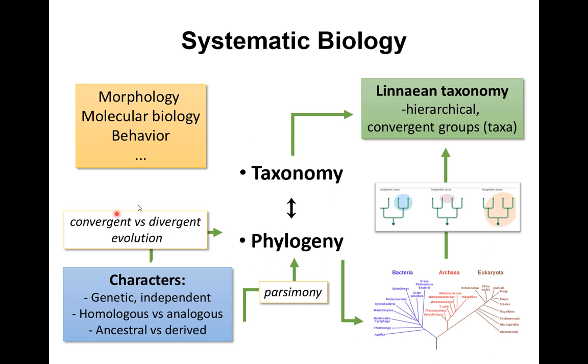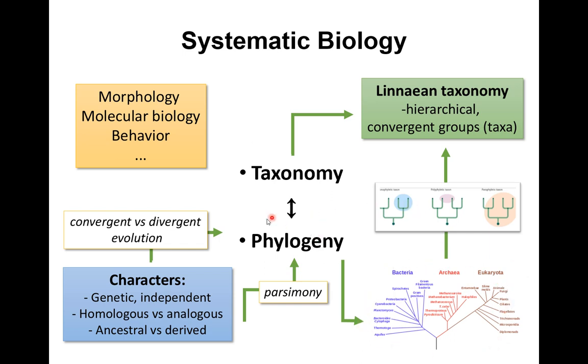Now we talked about convergent and divergent types of evolution, and also we talked about parallel evolution, and how the characters are defined differently as homologous or analogous depending on whether they come from convergent or divergent evolution, and how once you put them all together using the principle of parsimony, they can ultimately be used to recreate the phylogeny, so the relationships represented by phylogenetic trees between all different organisms, right?